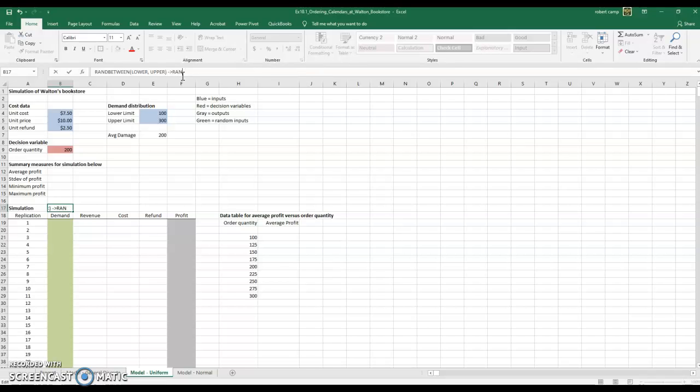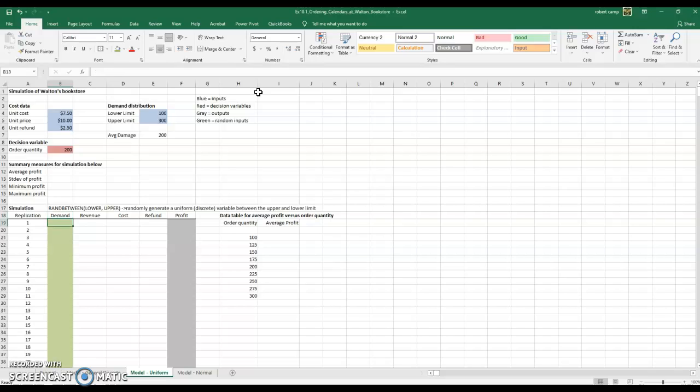So it will randomly generate a uniform variable between the upper and lower limits. When I'm saying uniform variable, I mean a uniform discrete variable. This is what's going to give me an integer.